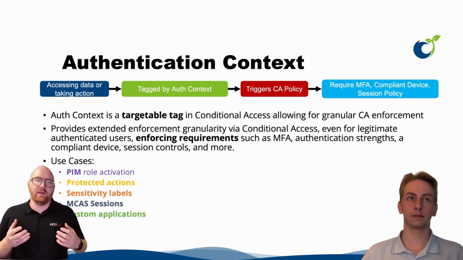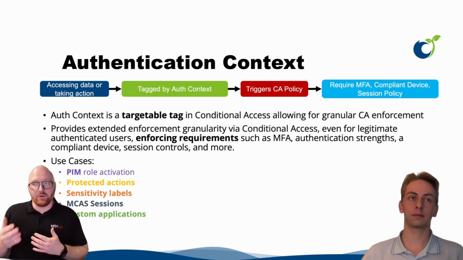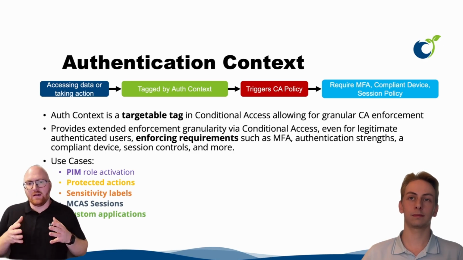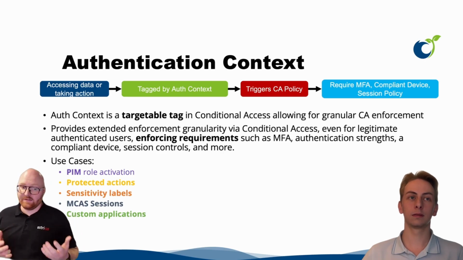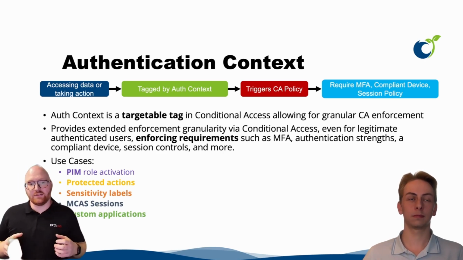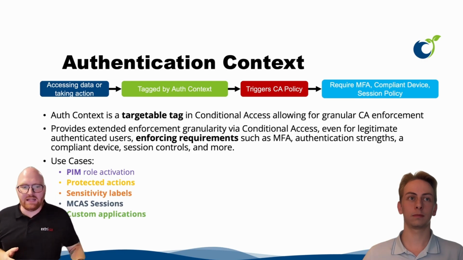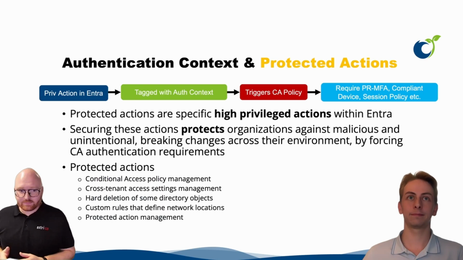Authentication context really helps us with granularity on different resources. This can be PIM activations, it can be protected actions, sensitivity labels, MCAS sessions, and even custom applications, helping us to enforce specific requirements when we need a bit more than conditional access can do on its own.